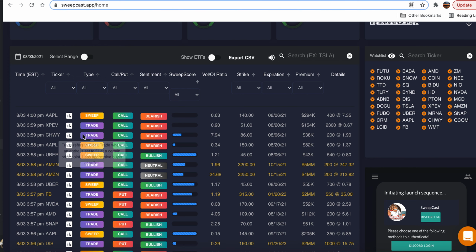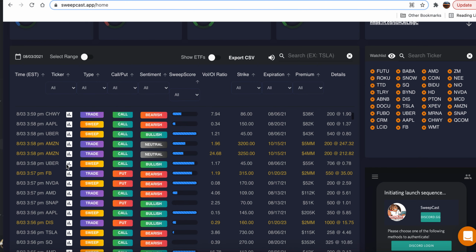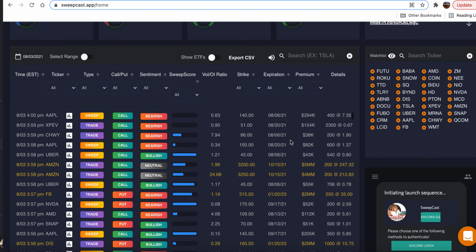What wasn't very common, and this showed up at, it says 3:59, but it actually probably showed up at about 4 o'clock, right? So Chewy stood out, and Uber, we had a sweep call over here. You want to make sure you look at the expiration dates.